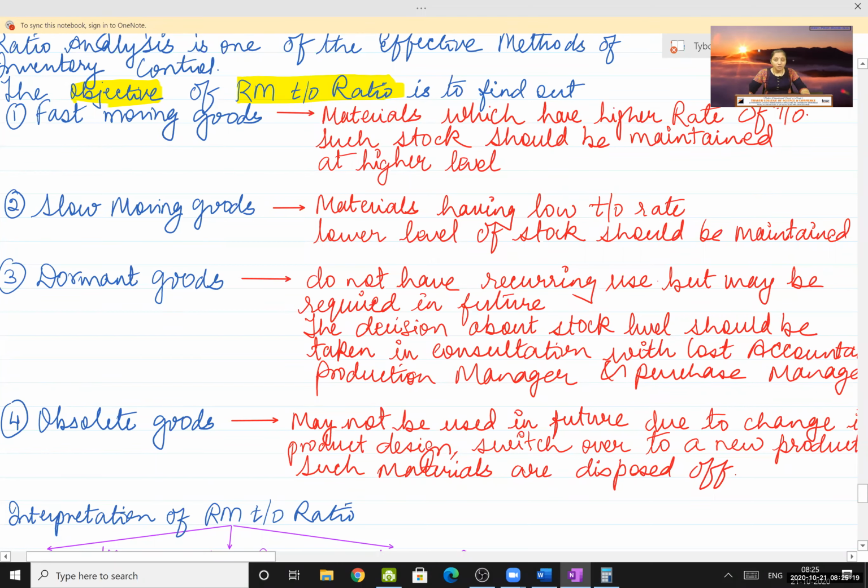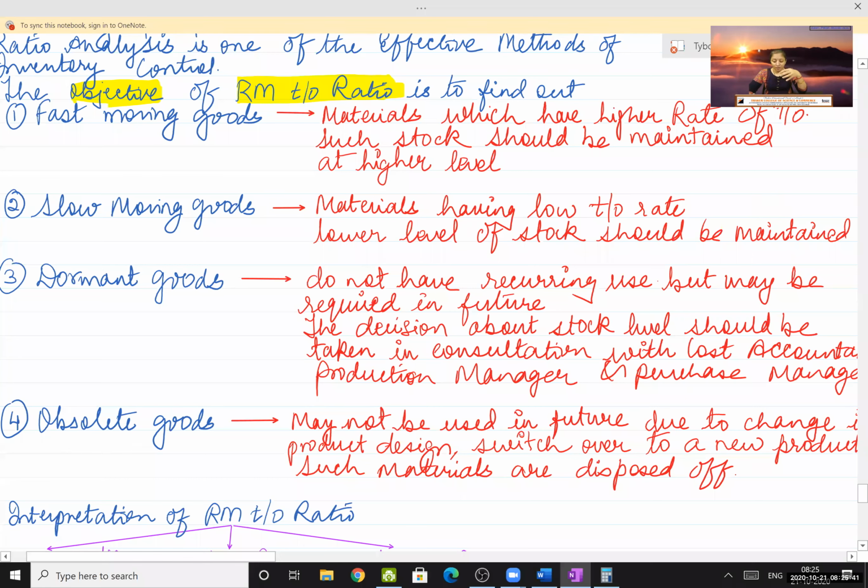Then dormant goods do not have recurring use but may be required in future. At present इसका demand नहीं है, but future में इसका demand हो सकता है. मतलब अभी भी ये dead stock नहीं है. आज demand नहीं है because today the market is not favoring that particular goods.